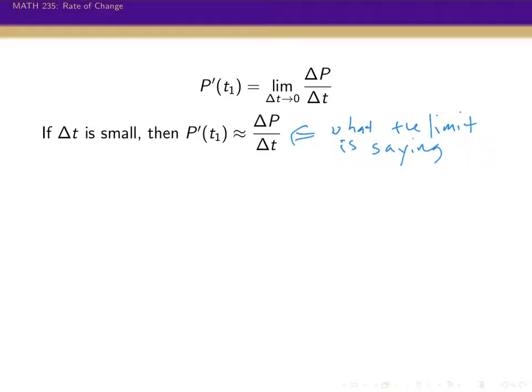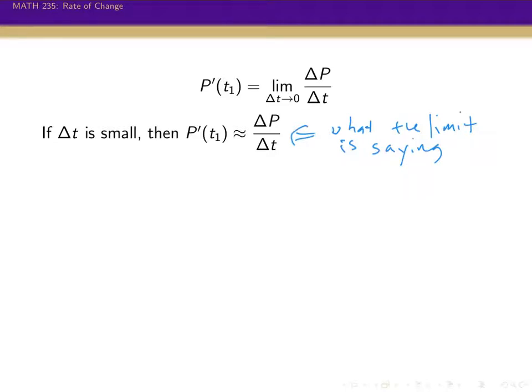And so this really illustrates one of the most important ways to think about how derivatives are actually used practically: over small changes of time, the value of the derivative and average rates of change are approximately the same. And so we often will use one for the other as an approximation.